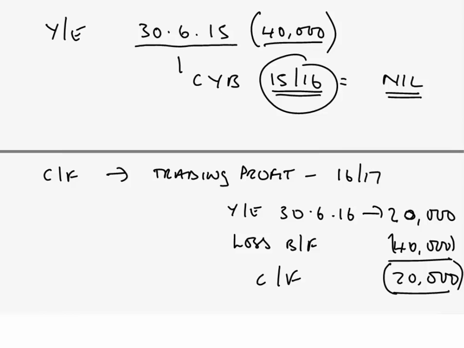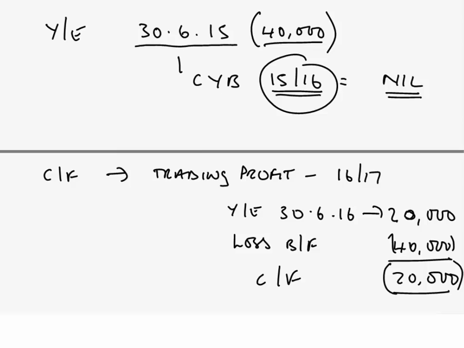If that was for the year ended 30th of June 17, then that would be relieved in 17-18. So it's a simple relief to apply. Carry forward against the next available trading profit, and it goes only against that trading profit. On the income tax computation, you deduct it directly from the trading profit.